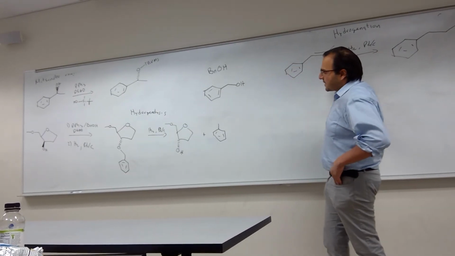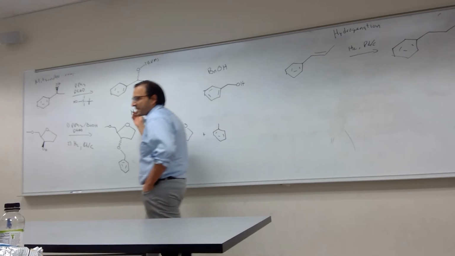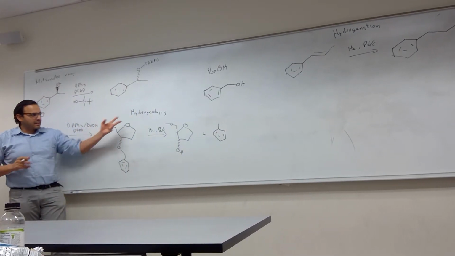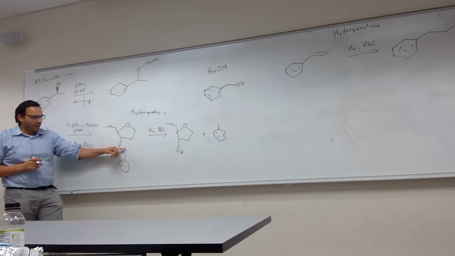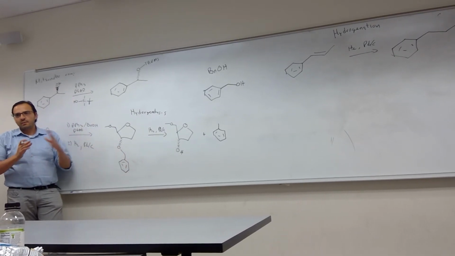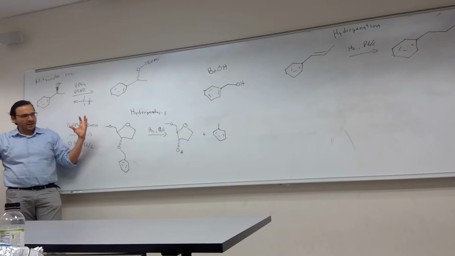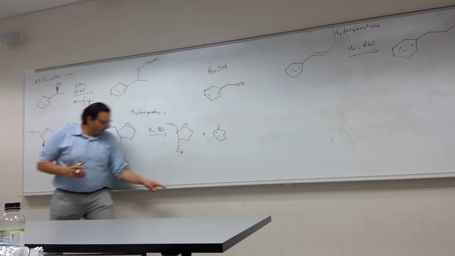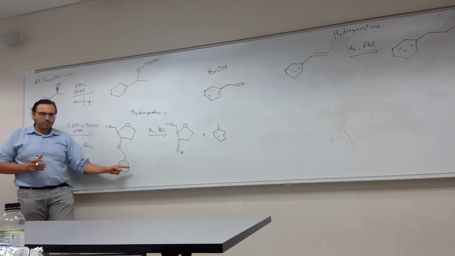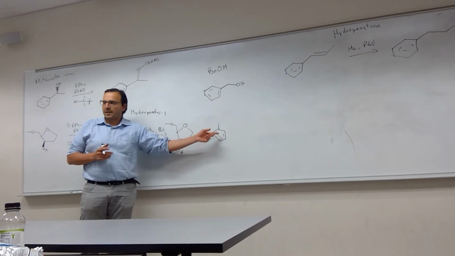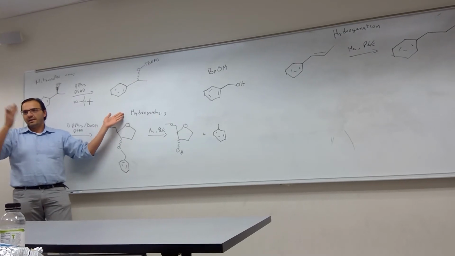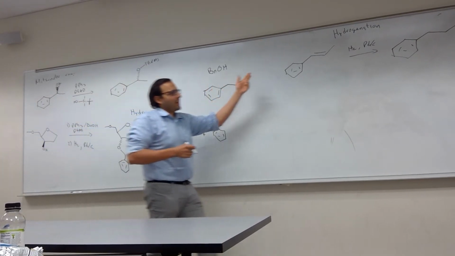What's the difference between hydrogenation and hydrogenolysis? In hydrogenolysis, you're actually breaking a sigma bond, and each species takes a hydrogen. So this species takes the hydrogen here, and the benzyl group, which is now toluene, takes a hydrogen. So that's the difference.